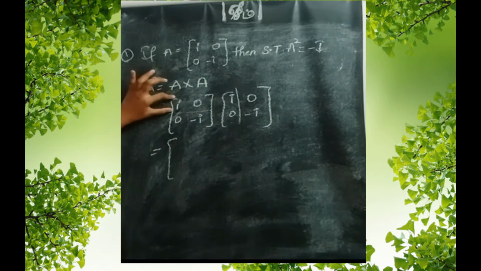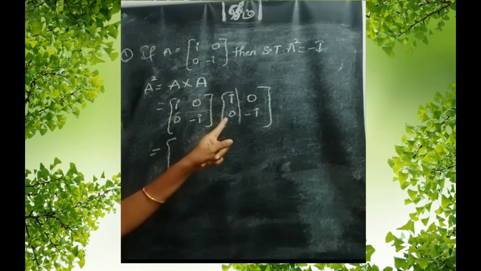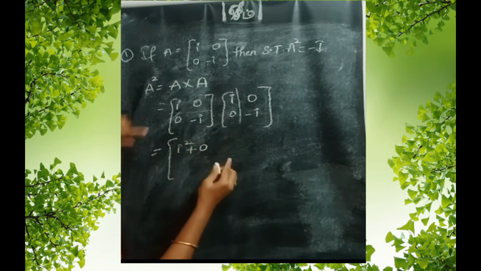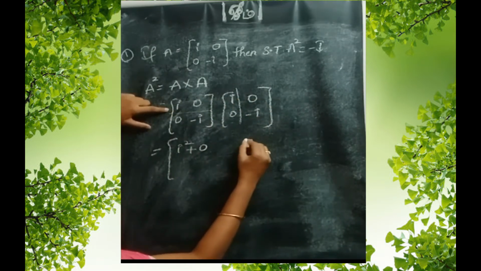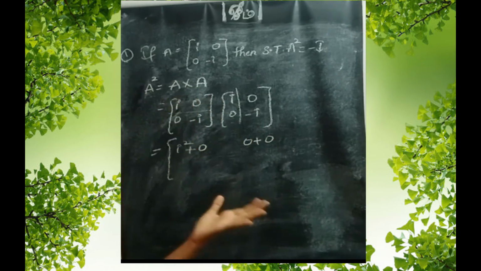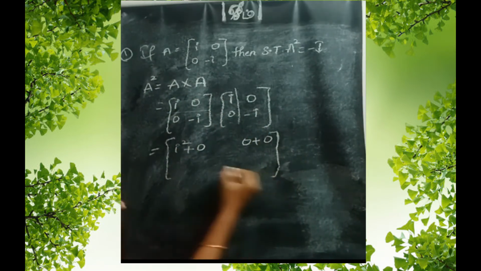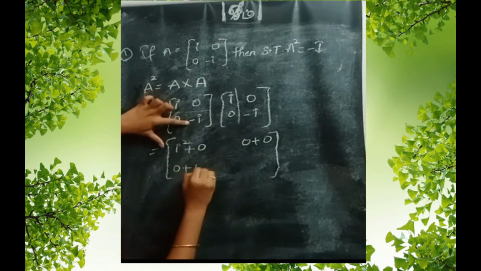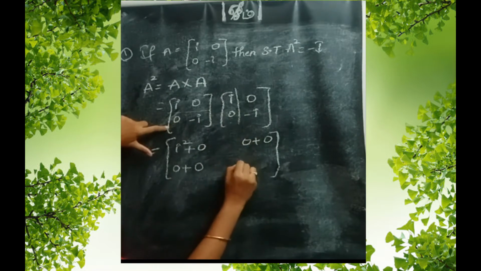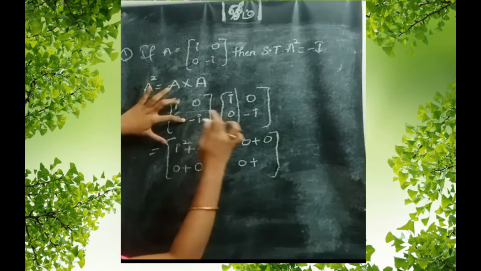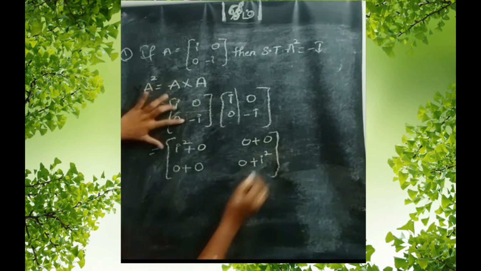First multiply the first element with the first element of the column. I square plus 0. I into 0, 0. 0 into minus I, 0. 0 into I, 0. 0 into minus I, 0. 0 into 0, 0. Minus into minus, plus. I into I, I square.